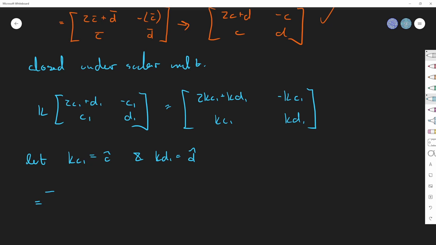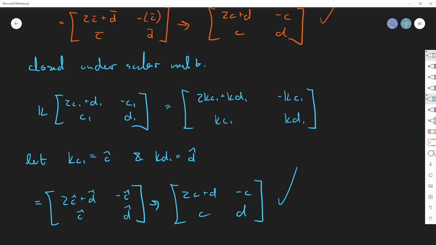When you substitute this back in, you're going to have 2C hat plus D hat, C hat, negative C hat, and then D hat. So we get back a matrix similar to matrix M, with 2C plus D, C, negative C, D. So this is also closed under scalar multiplication.